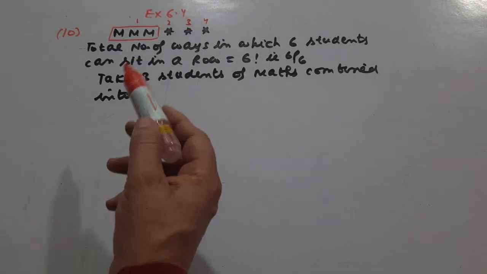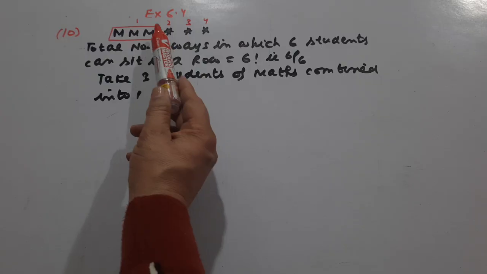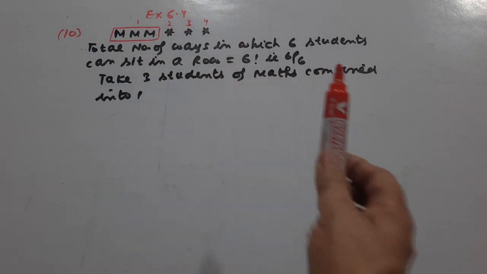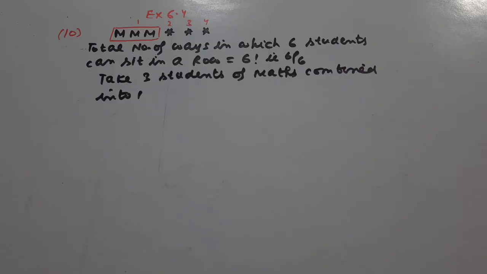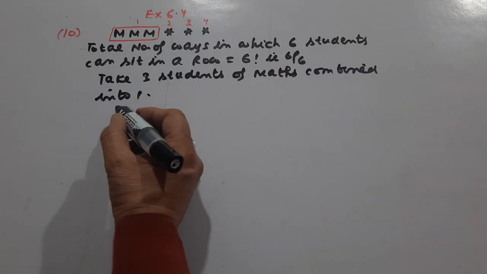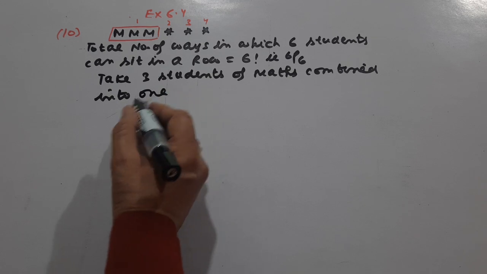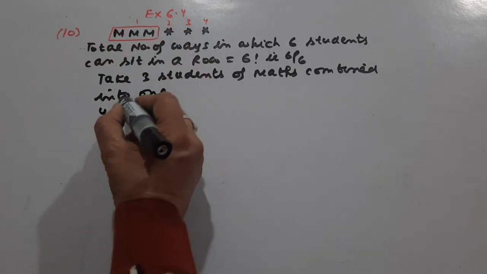Taking the 3 math students as one block, this is 1, 2, 3, 4. Now take 3 students of math combined into 1. So we have 4 students, 1, 2, 3, 4.